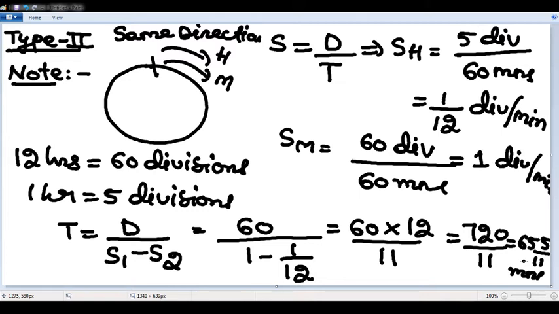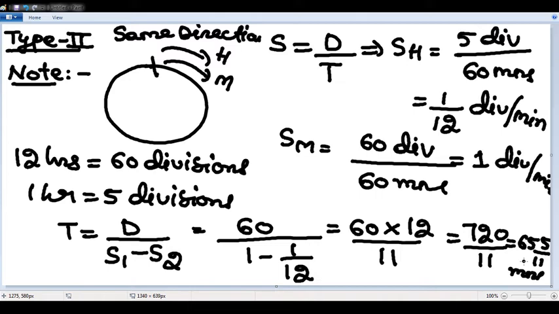Relative speed means, if they are traveling in the same direction, it is S1 minus S2, which I will tell you. Sai, very good doubt, because you asked a very fundamental doubt. Sir, any student, if you put a doubt, I have a habit of calling the student's name so that the student will understand it. I believe in personalized attention, right?